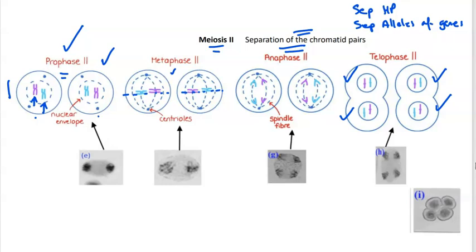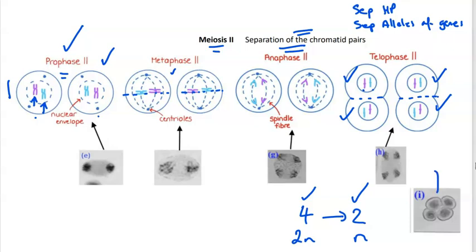So you can see that in each of these 4 cells now there are 2 chromosomes. Remember that the original parental cell had 4, that was the diploid number, and this has now been reduced to 2, which is the haploid number. So this was the double set of chromosomes, and now we have a single set of chromosomes, and of course a single set of genes.